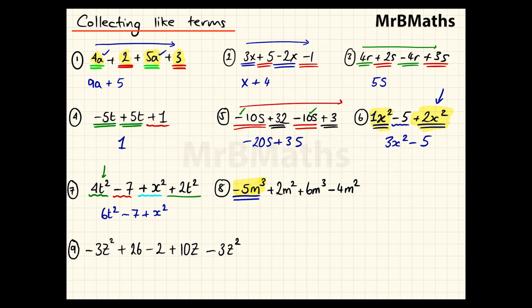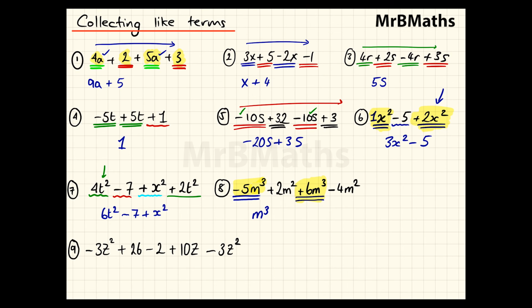So this next one, 2m squared, isn't the same as m cubed, so I skip that. I go to this one here, 6m cubed. So if I've got minus 5m cubed plus 6m cubed, I'm going to have 1m cubed, so plus 1m cubed. So I'm just going to write m cubed, but if you want, you can write 1m cubed at the front.